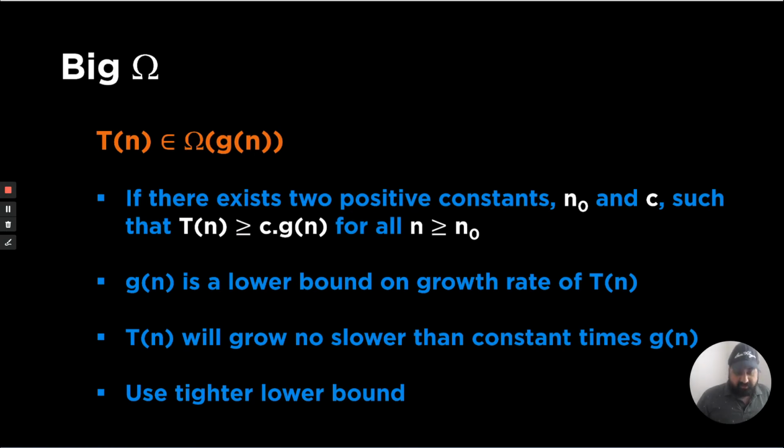Similarly, there's another notation which is big omega. It's again pretty similar. The definition is exactly the same, but now the equation is swapped, so instead of less than or equal to, it's greater than or equal to. What this basically means is, again, if we have a red curve that's growing this way, and we have another blue curve that grows somewhere like this, then the blue one is your T(n).